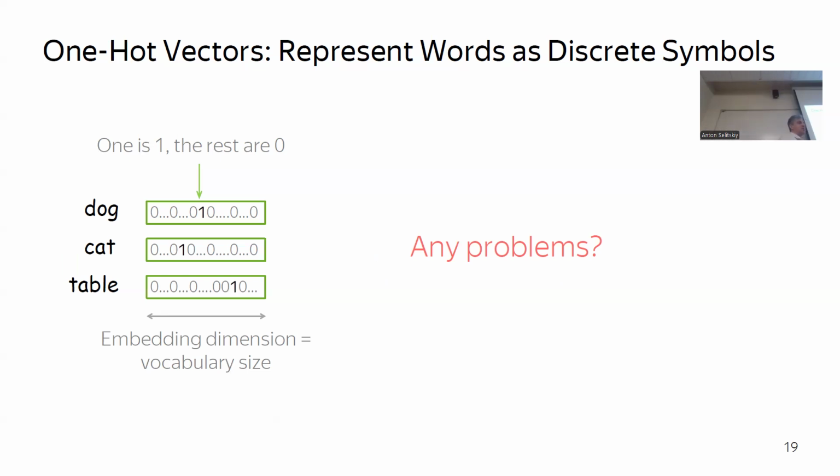Do you remember how we calculate the distance between vectors, like L2 distance? So we have the distance between, for example, one word and the other words.